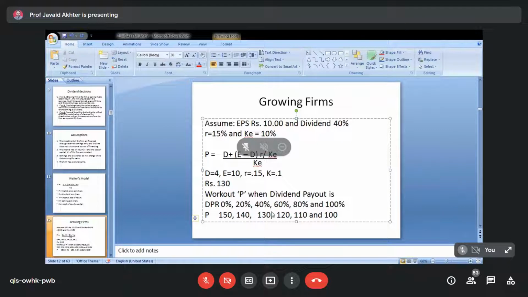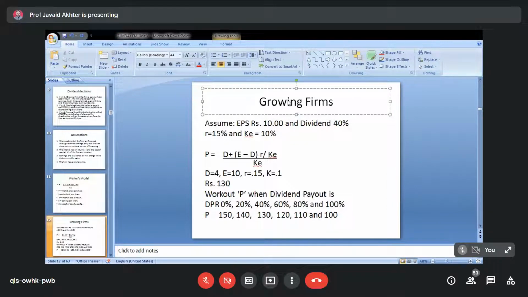Now for the time being, forget about the formula. Do not look at what Walter is saying. Just look at the word growing firm, and you know the meaning of growing firms, where R is more than K. Without Walter, without formula, without all these calculations, can we say a growing firm is required to pay less and less dividend?